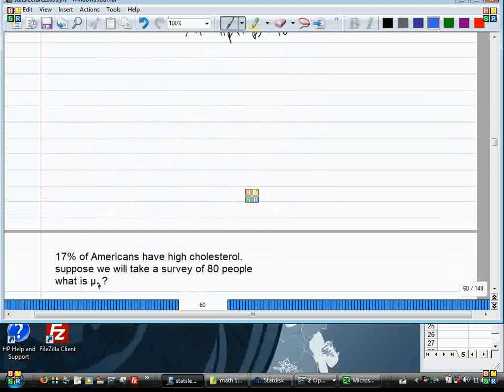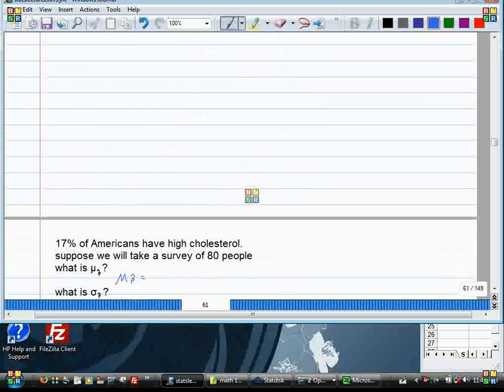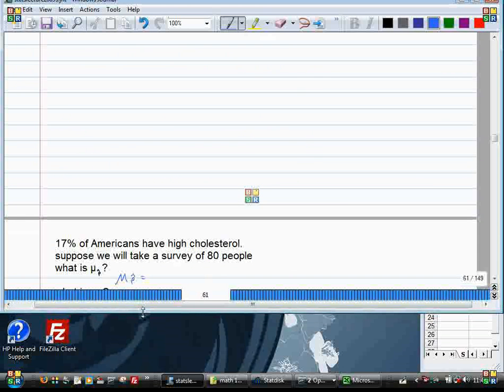You're partly right. Mu for p hat is 0.17, because it just comes from p from the population.